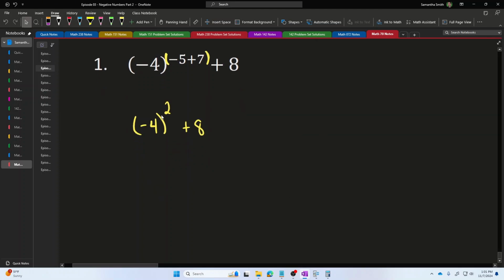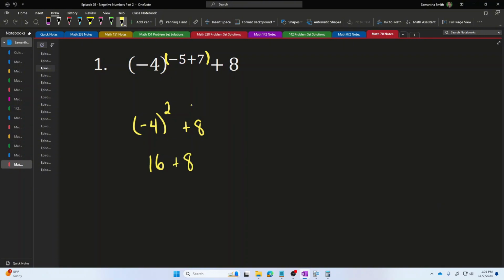Now the next thing that I'm going to do following PEMDAS is to evaluate what is happening here. What happens if you raise negative 4 to the power 2? In other words, what happens if you take negative 4 and multiply it by itself? Well, 4 times 4 is 16, and since I have an even number of minus signs coming from this even exponent, I would get positive 16 in the end.